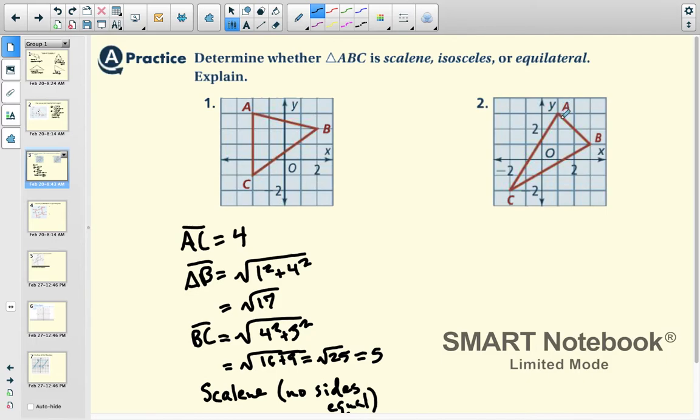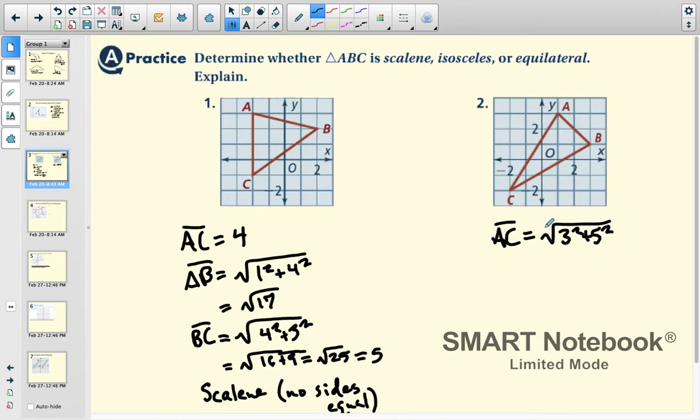Okay, now if we look at this one, we could try to figure out what's going on here, but we don't even have to write out the whole thing. If we go over 1, 2, 3, and then down 1, 2, 3, 4, 5, we know this changes 3 and 5 for AC. So that's going to be 3 squared plus 5 squared.